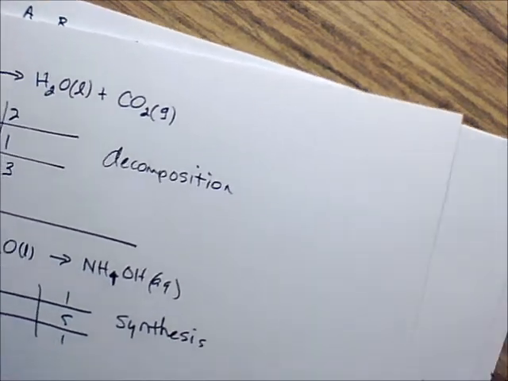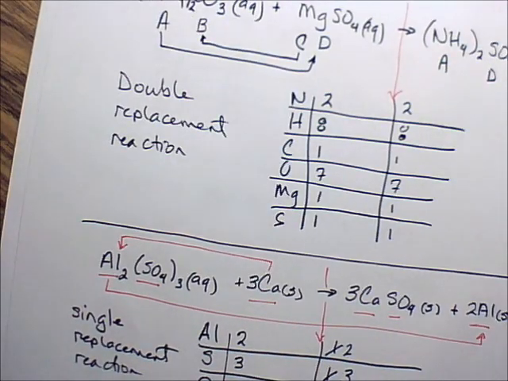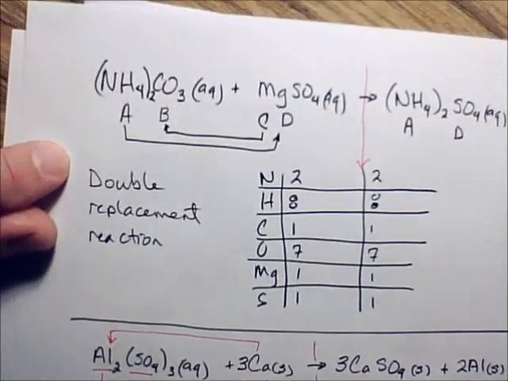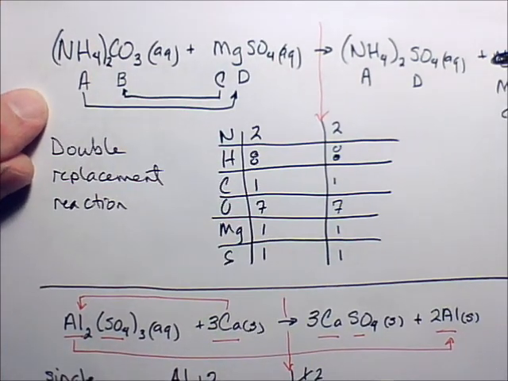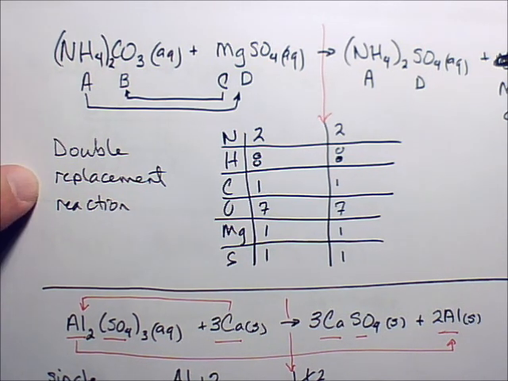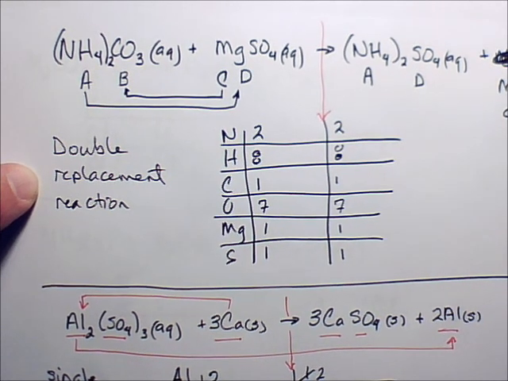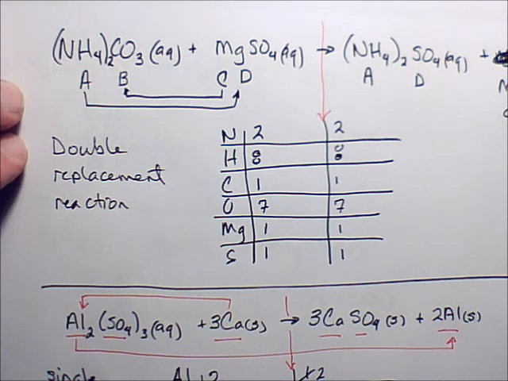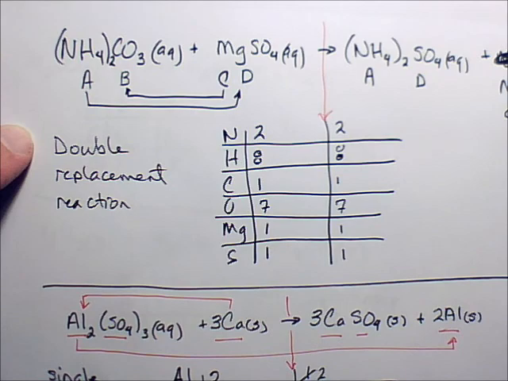Now before we go too far, I want to go back to double replacement for just a second and let you know we're not going to do it yet. But before this unit's over, there's a special category of double replacement. It's called acid-base or neutralization. And you have to be able to classify those in addition to classifying it as double replacement.